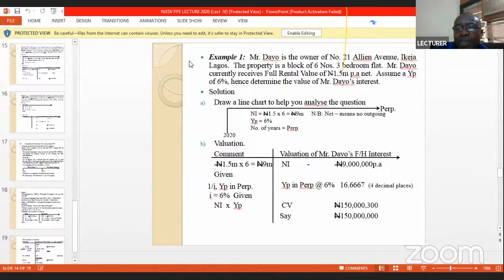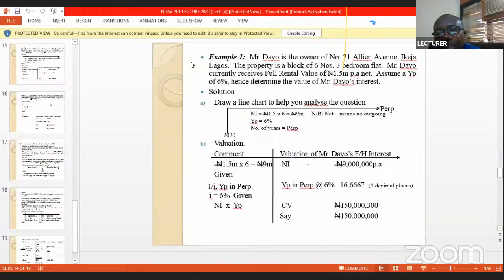You can now see that we can approximate that figure, because 300 naira is less than half. If half is 500, then 500 naira would have been equal to half. We said approximate to 150 million.